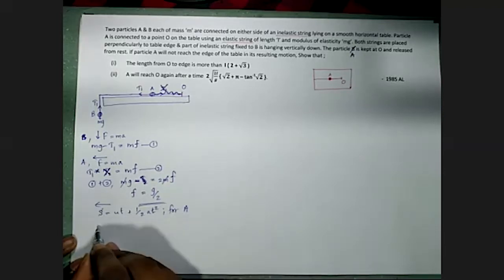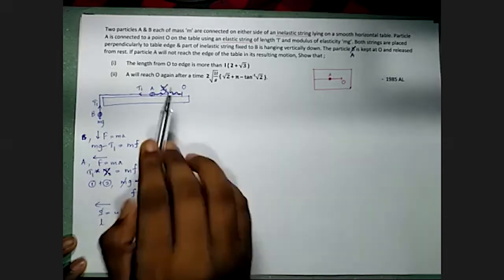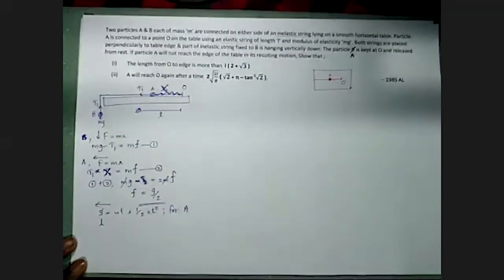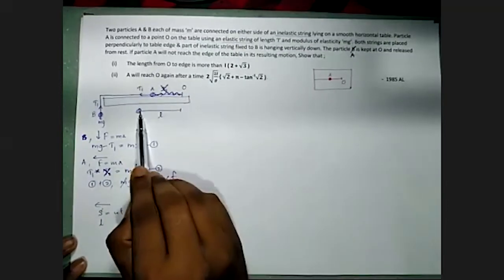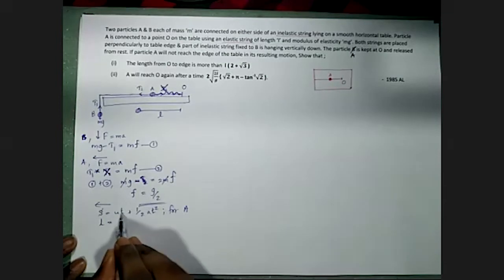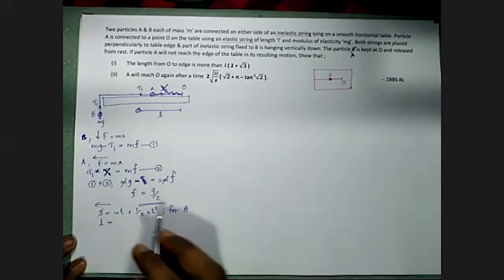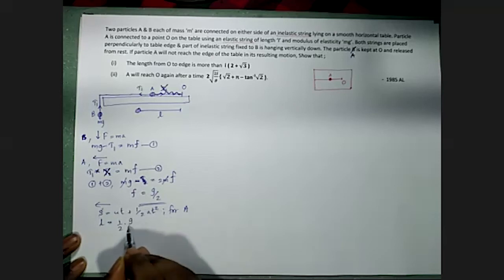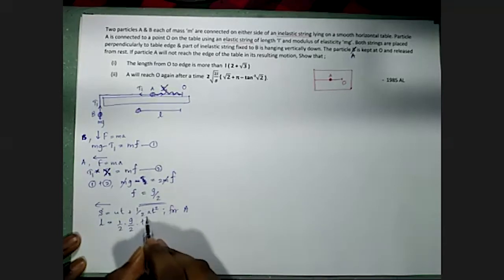Then the distance moved is L, because we are considering now particle A is reaching the natural length of the elastic string. Therefore, from here to here, the length should be L. There is no initial velocity, it is just released from rest. Half into the acceleration, g over 2, into time square.